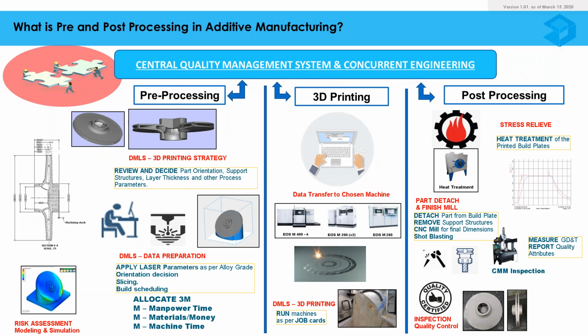Okay, so overall quality management has to be concurrent, and concurrent engineering as well as the overall, right from ideation to the field duty or end consumer or end user hitting the market.